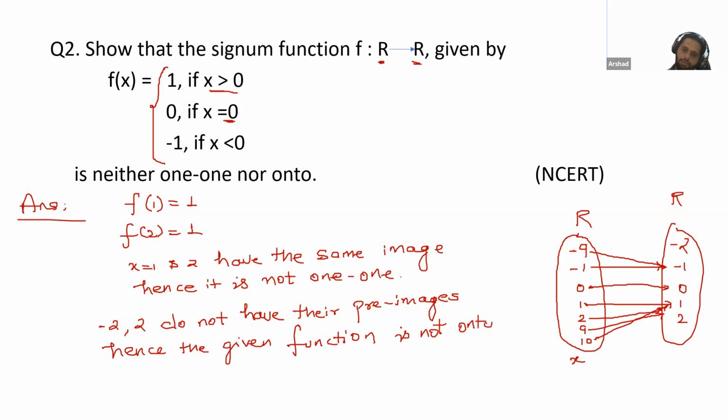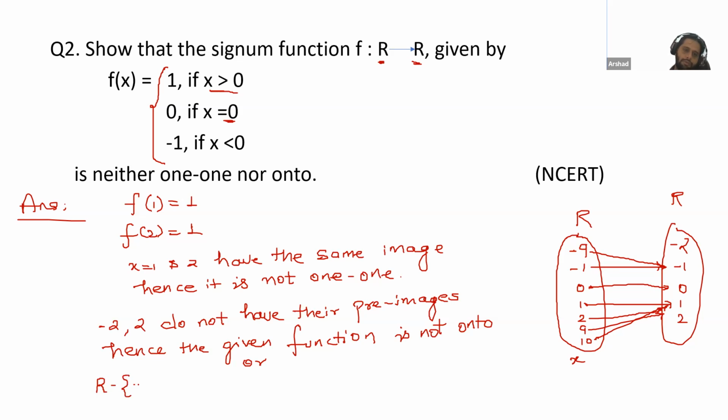Okay, you can also write this. If you see the result, whatever value you choose for x, the result will only be -1, 0, and 1. So that means from the second set, except -1, 0, and 1, any other number does not have a pre-image. So you can write like this also. It's your wish. You can choose either answer.